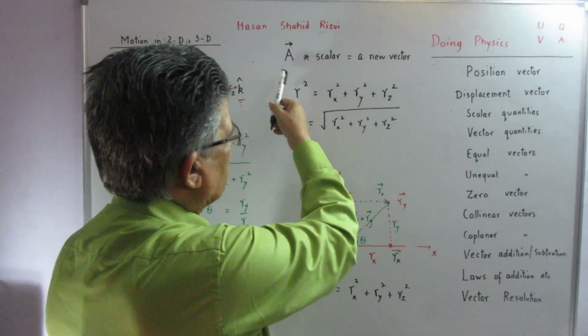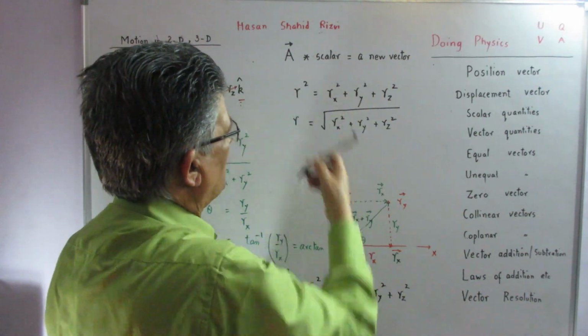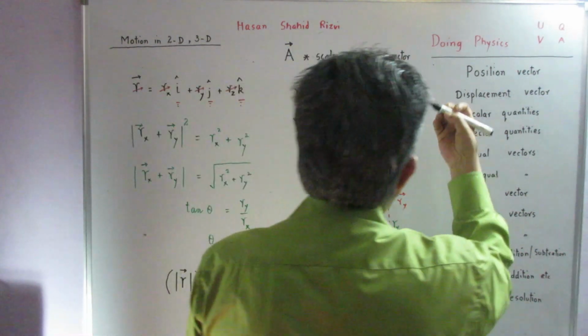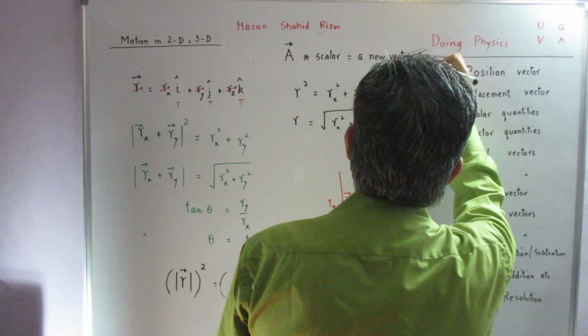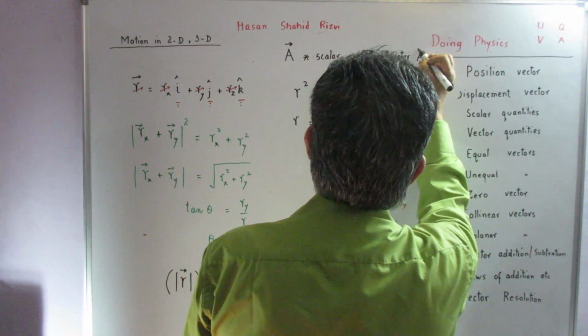So I get a scalar into vector product where we obtain a new vector. Say I call it a vector A star.